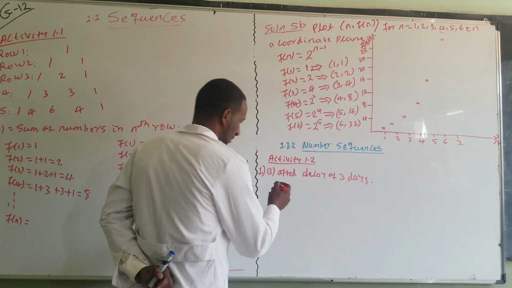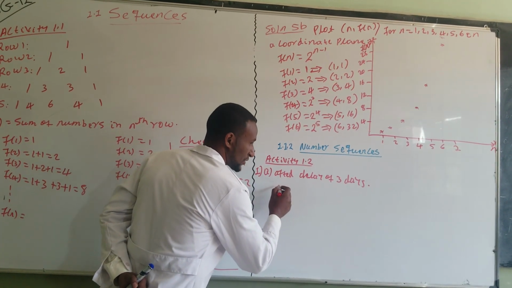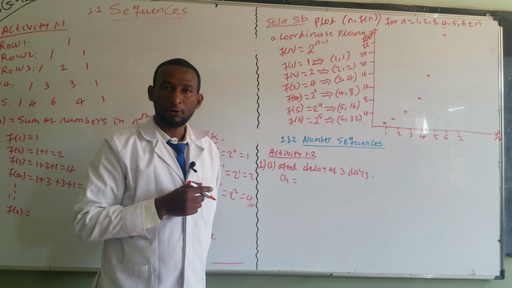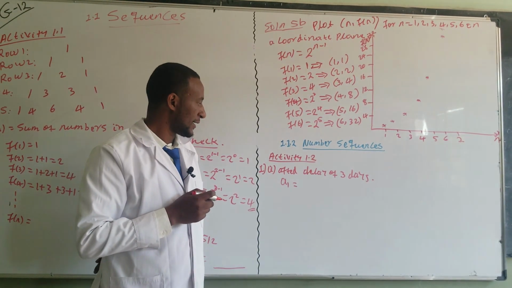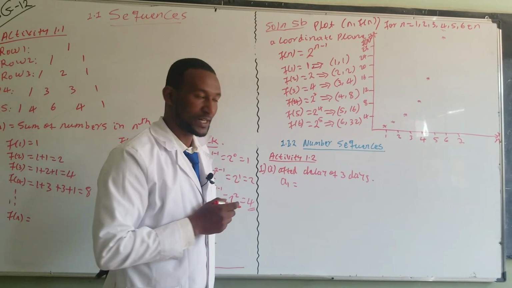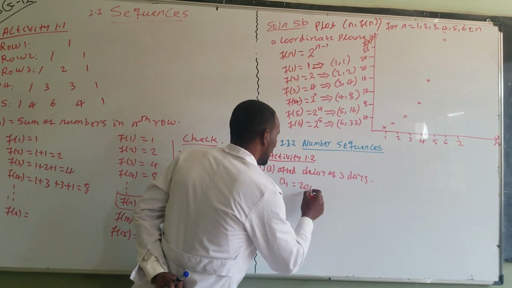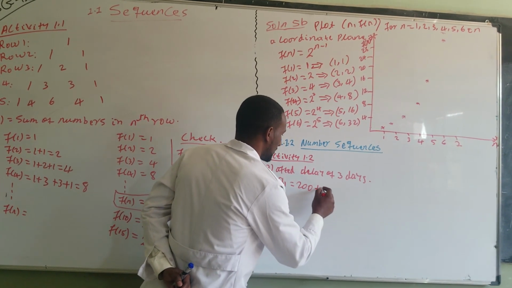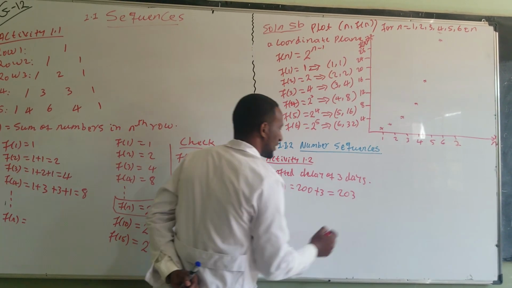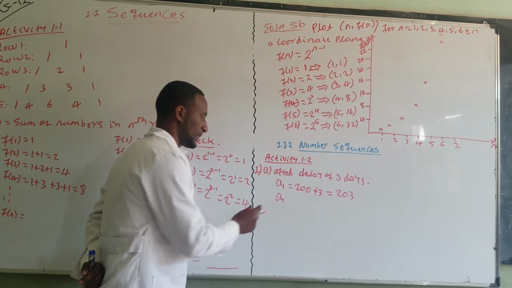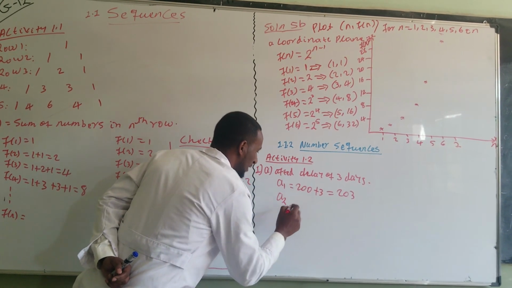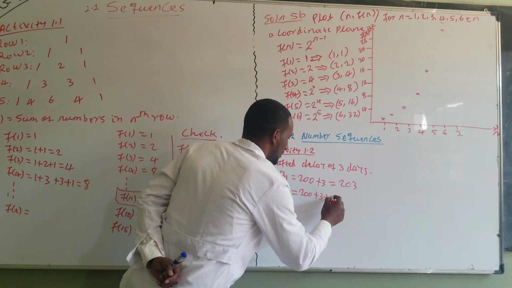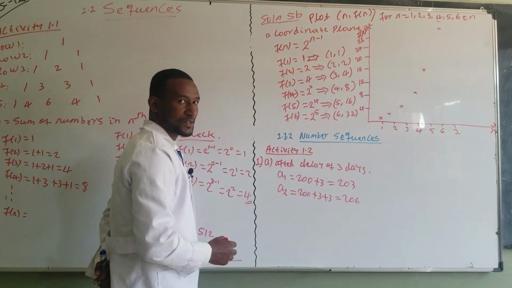But if that person, let us take A1 as a delay of one day, delays one day to pay, that person pays 200 plus 3, which is equal to 203 birr. If that person delays 2 days, 200 plus 3, which is equal to 206.